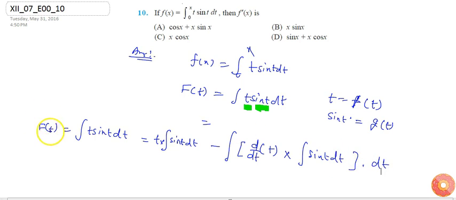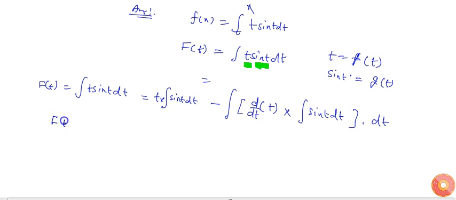So from here I'll get f(t) equals t multiplied by minus cos t, since the integration of sin t dt is minus cos t, minus the integration of the derivative of t, which is 1, times minus cos t dt.